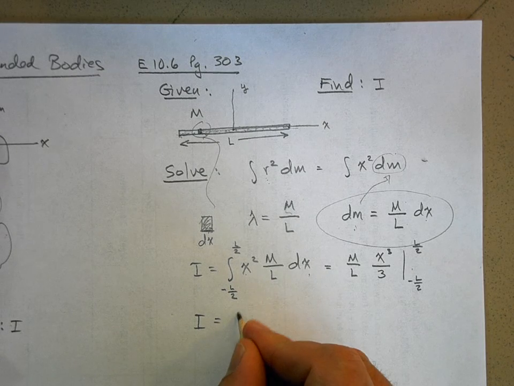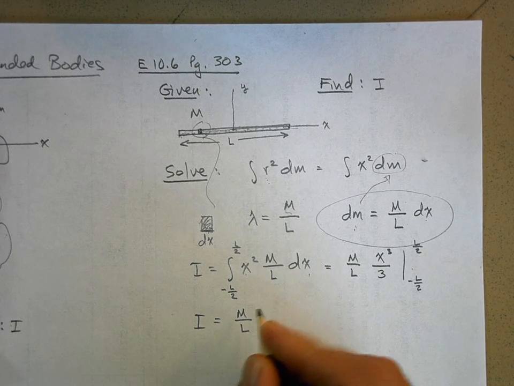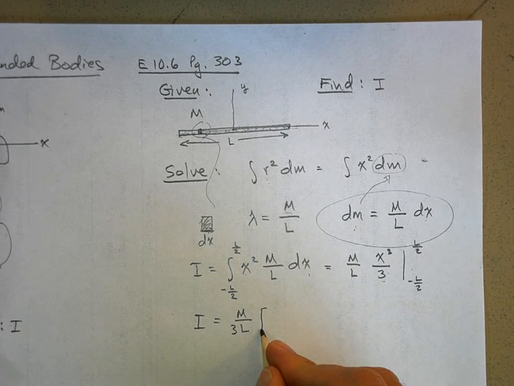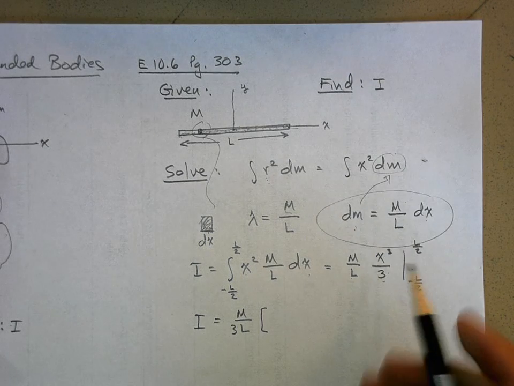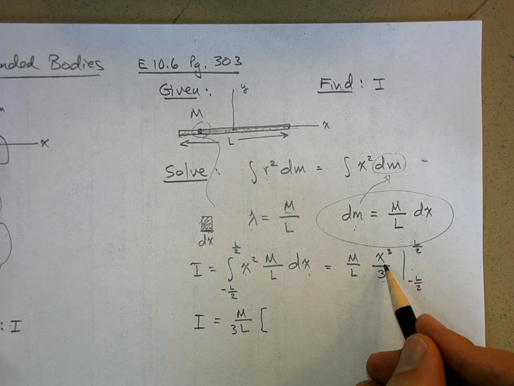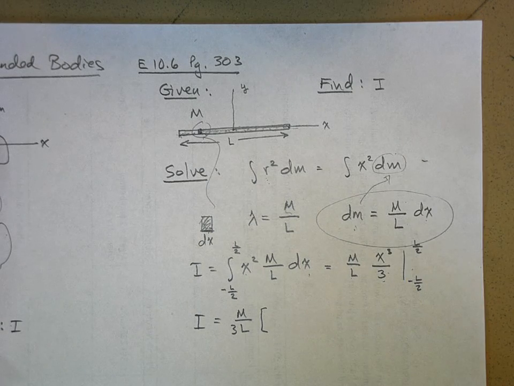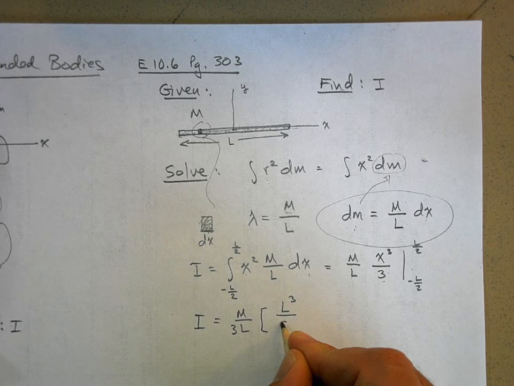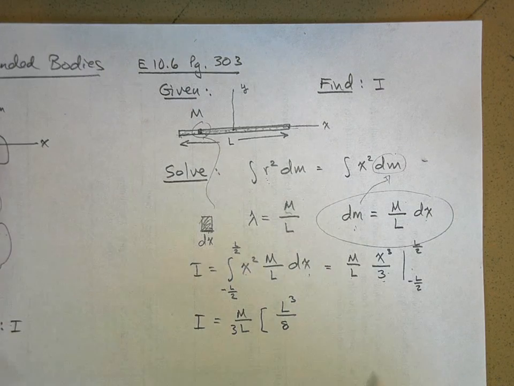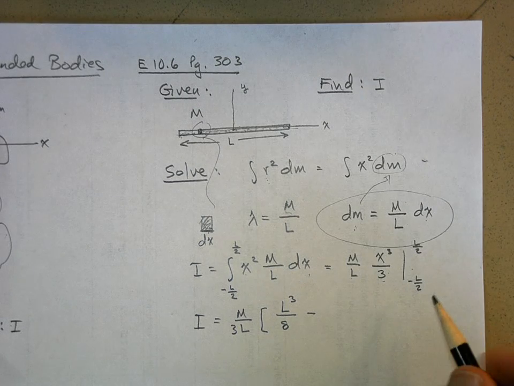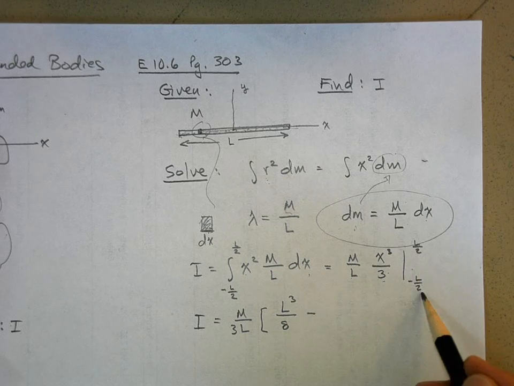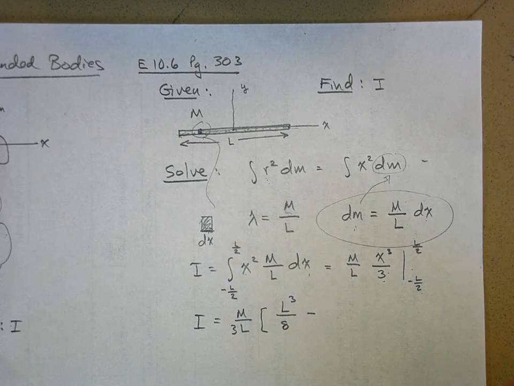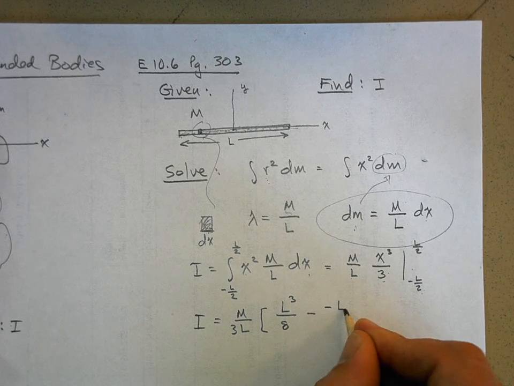It's m over L. Let's put the 3 over here, and then we'll put in brackets our evaluation here. This is going to be L over 2 cubed, which is L cubed over 8. Is that right? Minus, now what is negative L over 2 cubed? Negative L cubed over 8.